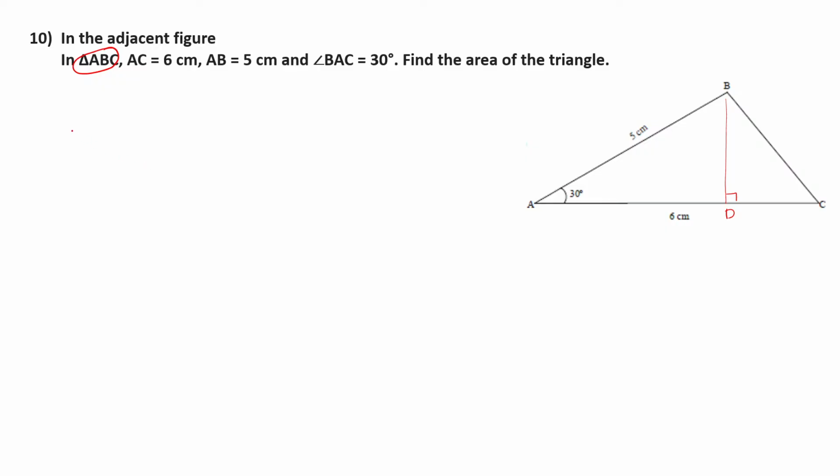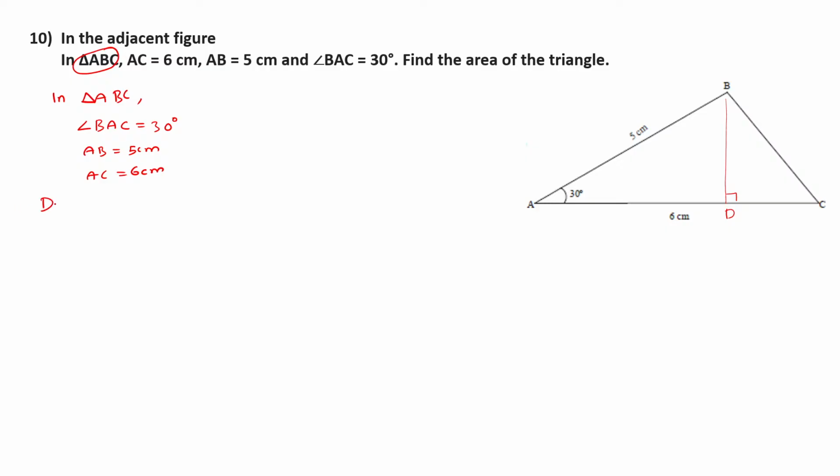Okay, so in triangle ABC, let us write what is given. Angle BAC is given as 30 degrees. AB is given as 5 centimeters, and AC is given as 6 centimeters. This is what is given.